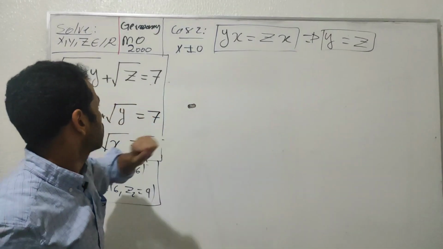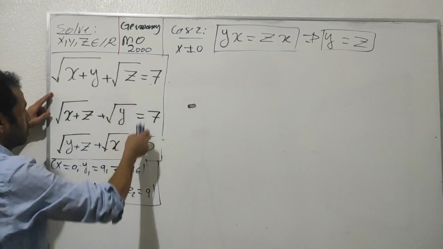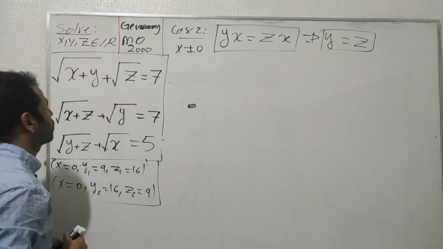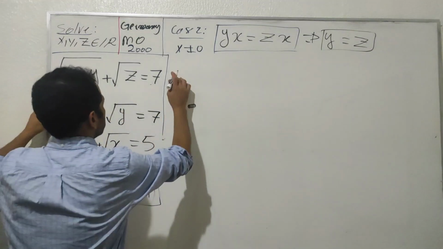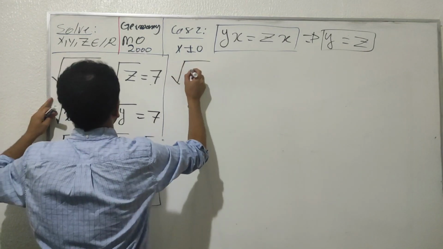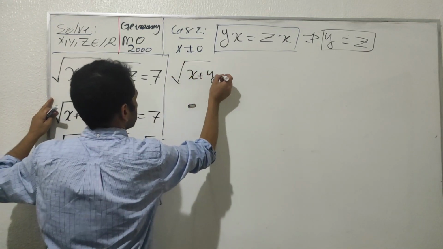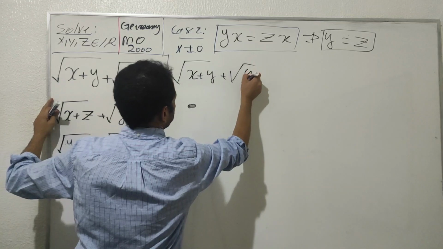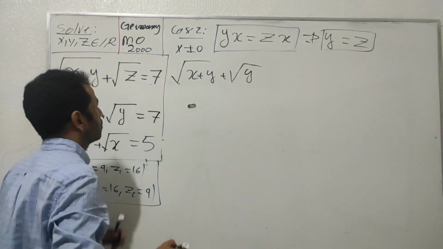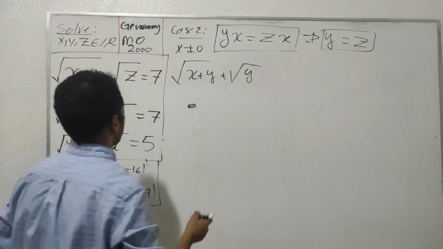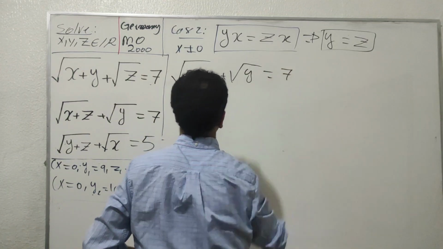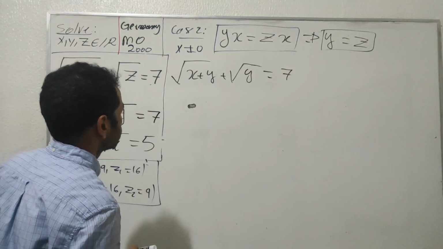Now plug in z with y in these three equations and solve. I get the first equation, which is x plus y plus the square root of y, because z is already replaced with y, equals 7.